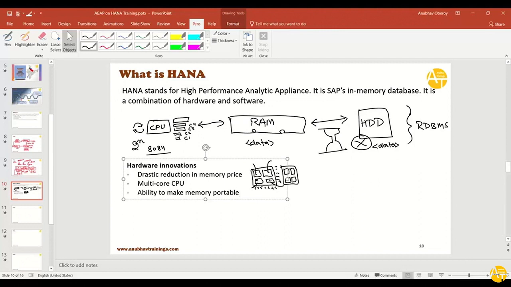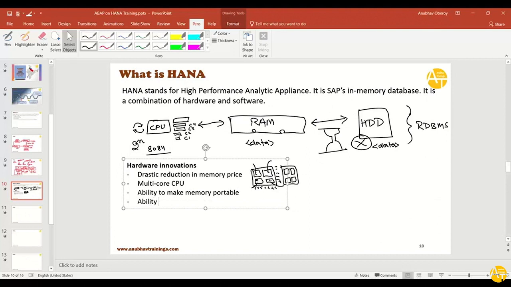So today it is possible to fabricate or design memories which are very portable, at the size of a nail, and you can carry them and manage them very easily. This has also made the overall system look smaller and compatible to store humongous data. You don't need big size racks to store huge data. The memories are becoming more portable.